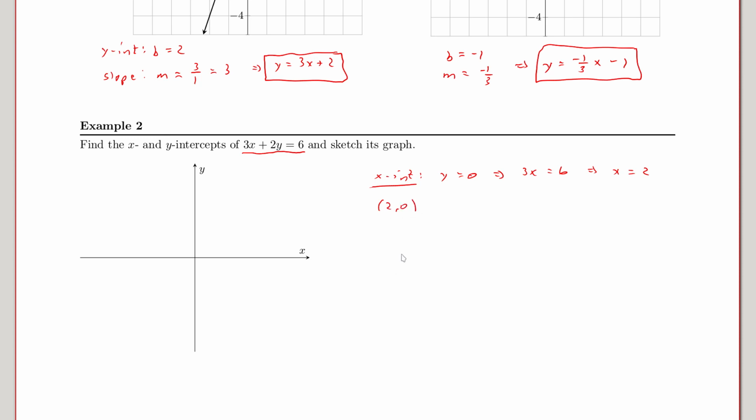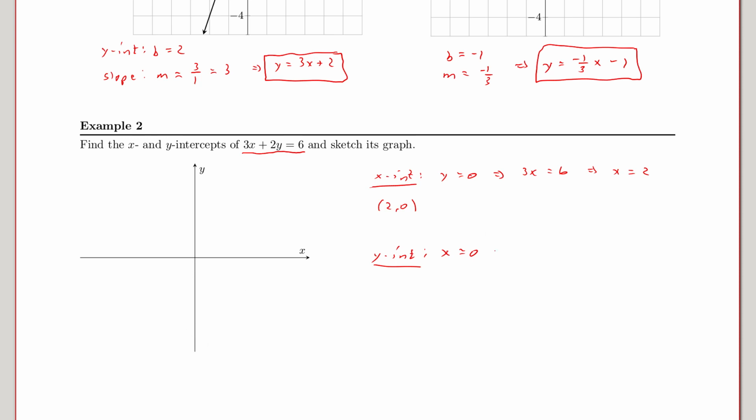0 for y, x is 2. And your y-intercept, we would set x equal to 0. And again, the reason these are flipped, if you're a y-intercept, you're on the y-axis. What's common about every point on the y-axis is that x is 0. You haven't gone left or right.